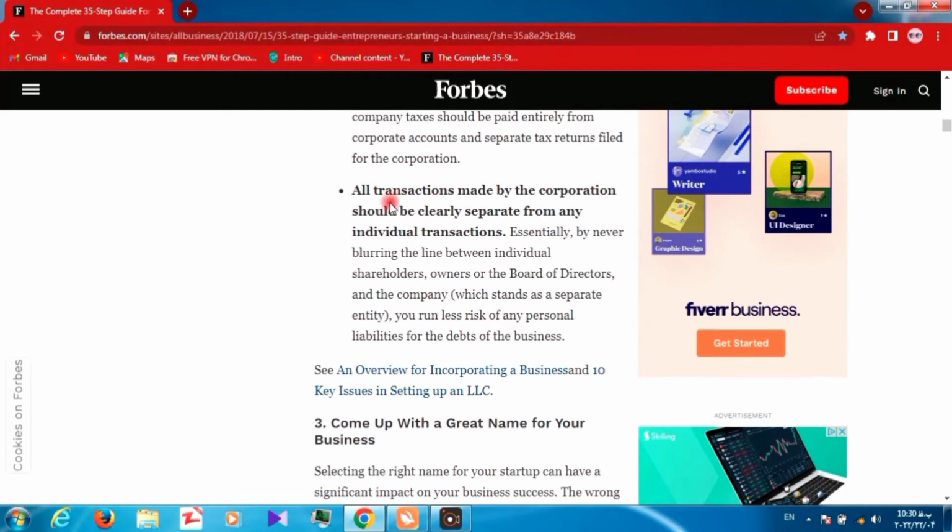And the last procedure is all transactions made by the corporation should be clearly separate from any individual transactions. Essentially, by never blurring the line between individual shareholders, owners, or the board of directors and the company, which stands as a separate entity, you run less risk of any personal liabilities for the debts of the business.